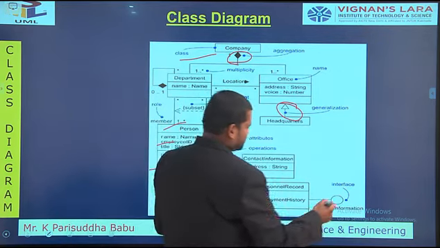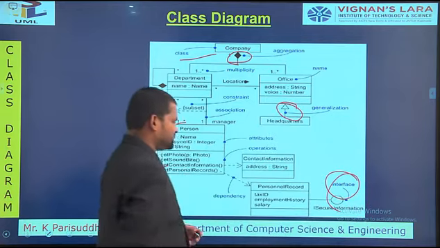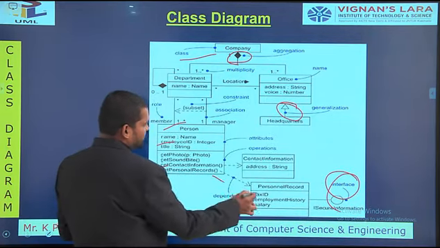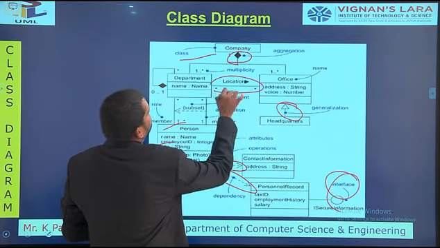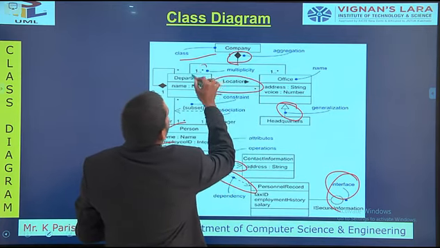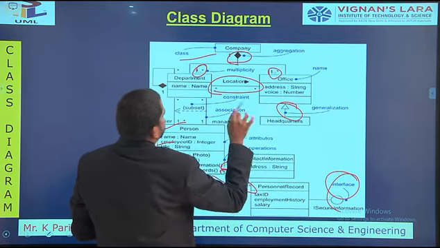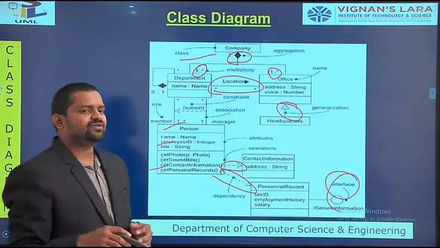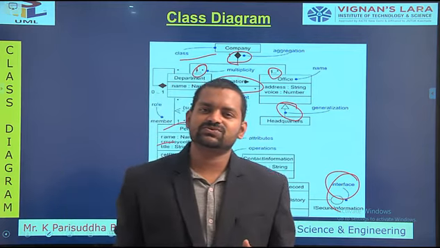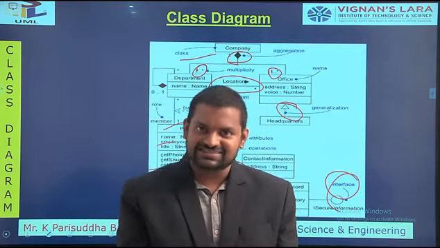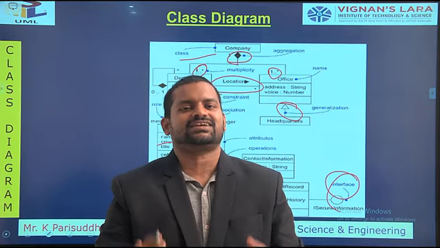You use interfaces here, and you also use dependency, association, and multiplicity among the associations. So likewise, the combination of all these things and links is used to construct a particular class diagram, which represents the structural view.